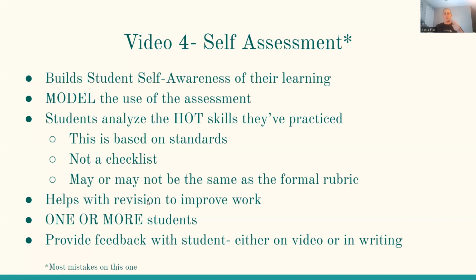When we've got multiple pieces to our self-assessment rubric, I'm going to recommend that in the video, you go over one of the constructs. I can write a thesis statement that shows my opinion, okay? All right, let's look at this rubric. The first thing that we need to do is decide, I can write a thesis statement using my opinion. Did you think that you did a good job on that? Let's look at your paper. Where's your thesis statement?